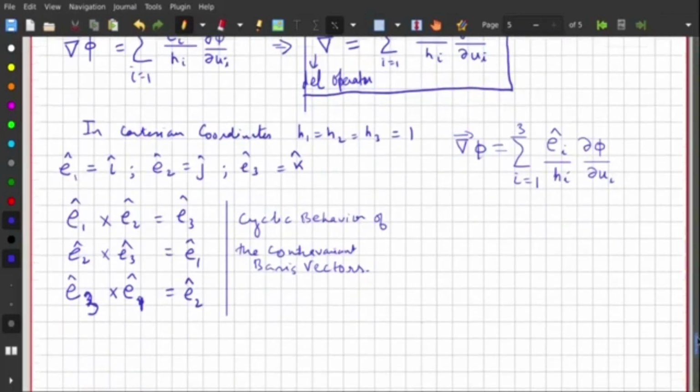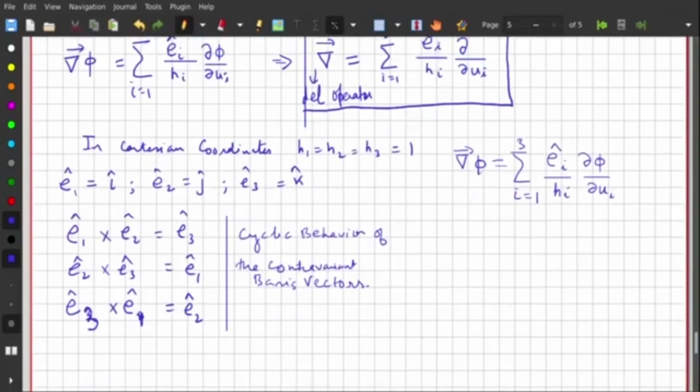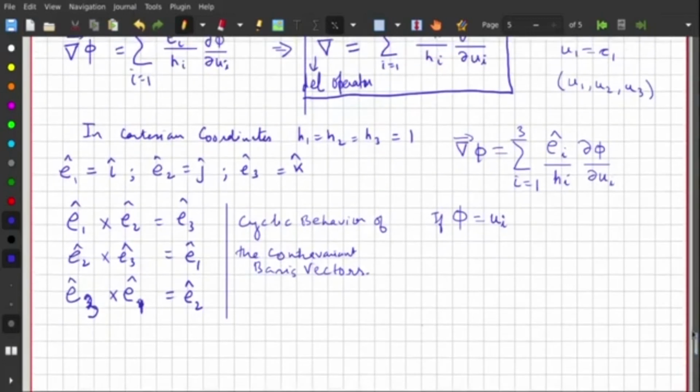So let's use this important identity that we developed, and using this let's try to find out what happens if phi is the ith curvilinear coordinate, like we had u1, u2, u3 in 3-space. Okay, and we were thinking about u1 equals c1, the surface in that 3-dimensional space. So let's say if phi equals u_i, what will this equation become?